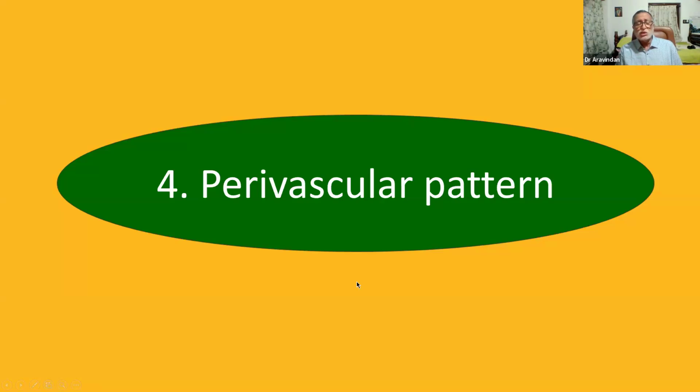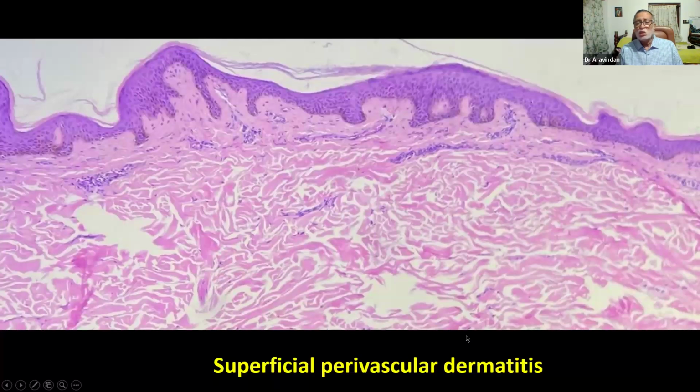Fourth is the perivascular pattern. Now, these are the kind of biopsies that I'm sure many of you get. It'll come with all kinds of diagnoses. When you look at it, you find just a few lymphocytes around some vessels.